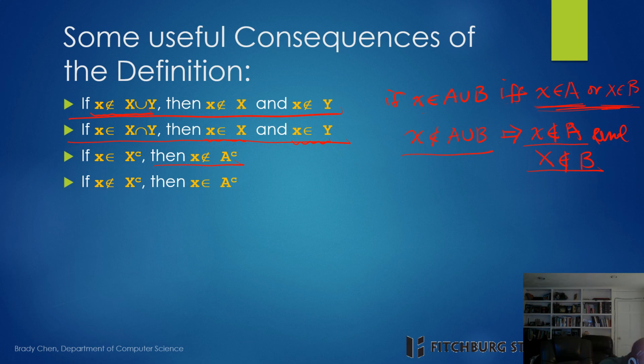It should be: if X belongs to A, then X does not belong to the complement of A. Or vice versa: if X does not belong to A, then X must be in the complement of A. So I think that's a typo. That should be A.